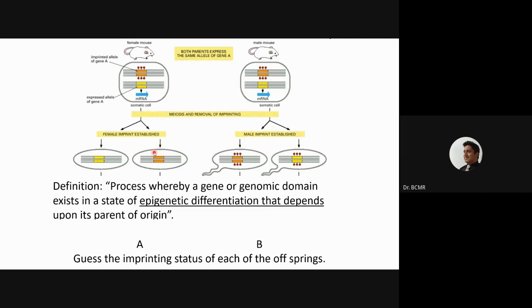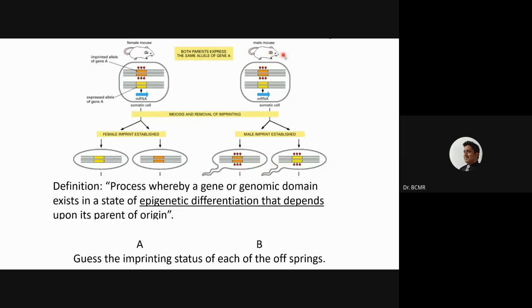Okay, so why is there no methylation anywhere here? It's because this is a female mouse. In the female mouse, when it is forming the gametes, there is no imprinting made on this particular gene A. Why is there imprint on both these alleles? It is because this is a male mouse.